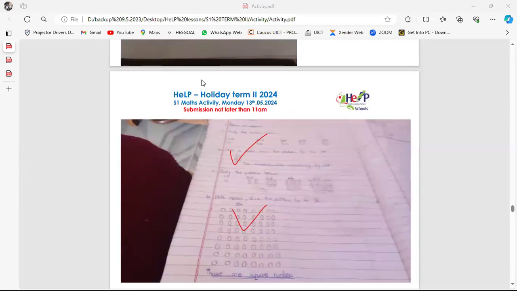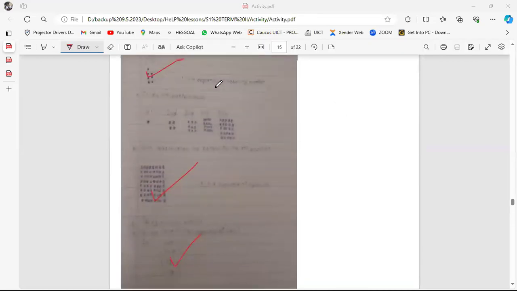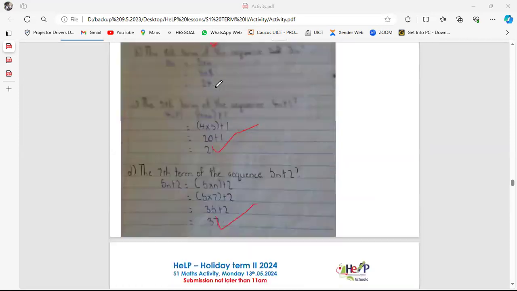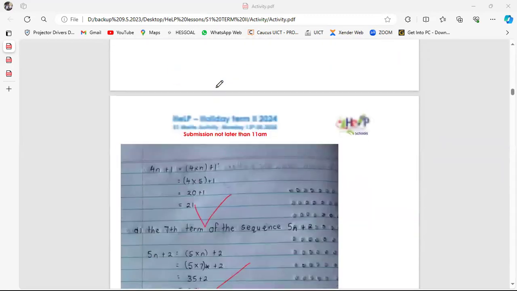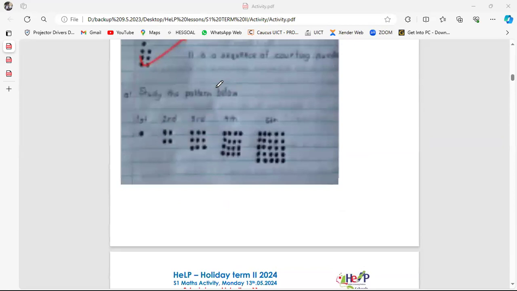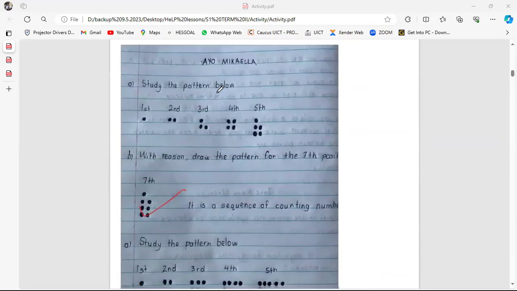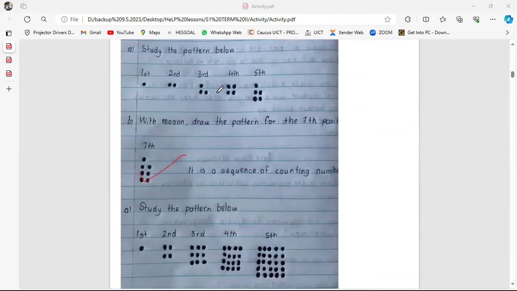Ayo, you can proceed. On the first number, I studied the sequence, and the sequence was of counting numbers.